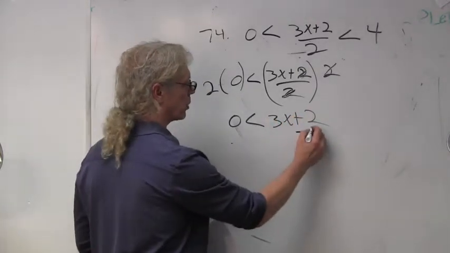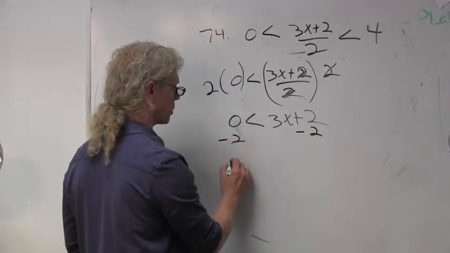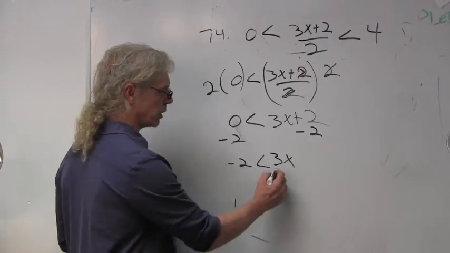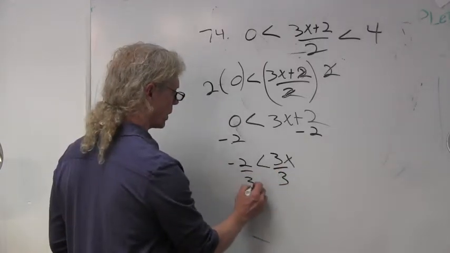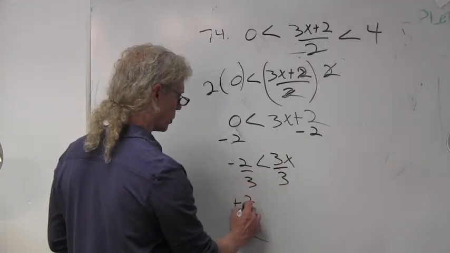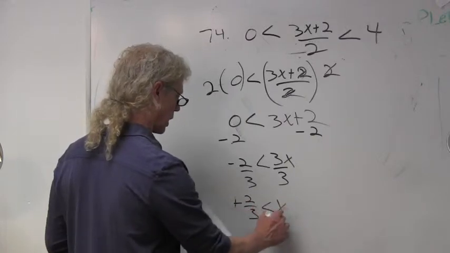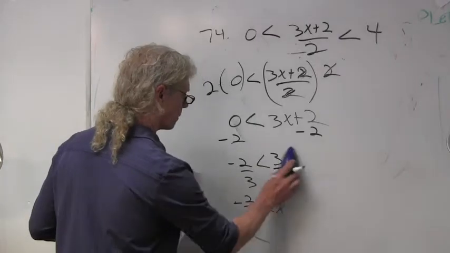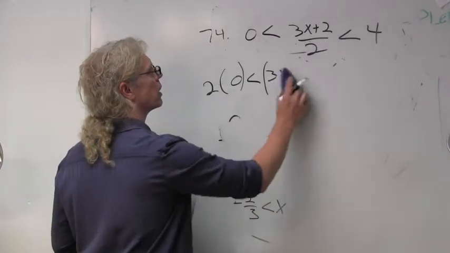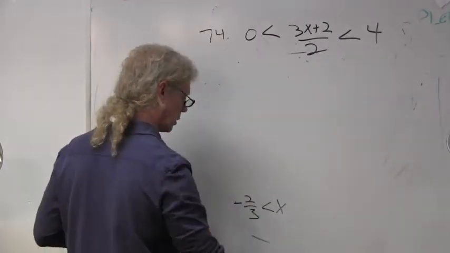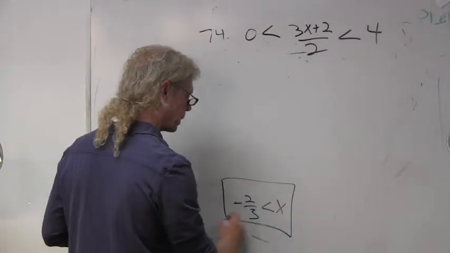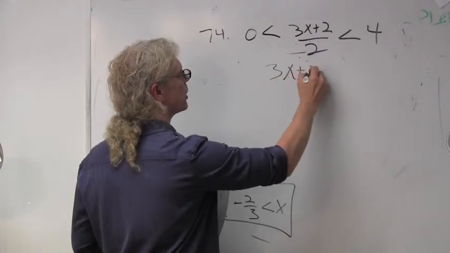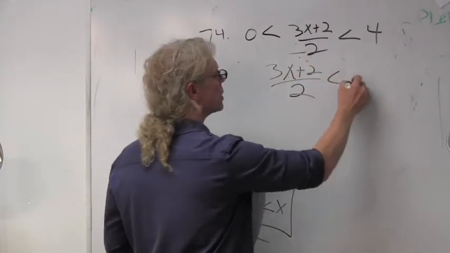Let's subtract 2 from both sides, leaving us with minus 2 is less than 3x. We'll then divide both sides by 3, leaving us with negative 2/3 is less than x. Okay? That's the left side. We now have the right side, which restated is (3x plus 2) over 2 is less than 4.